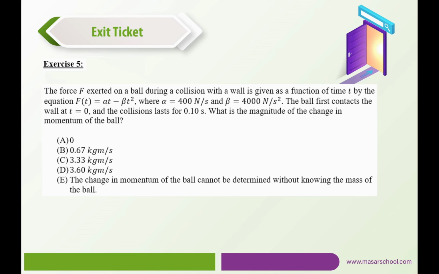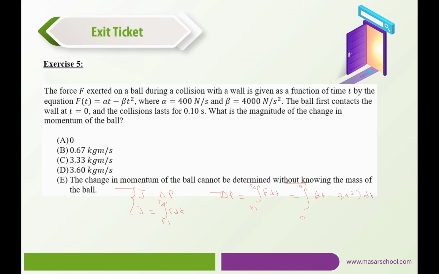Since F is a function of time and we're not asked about the average, we need to utilize the change in momentum as an integral. We know that J is given by delta P, and also J is given by the integral of F dt from t1 to t2, which means the change in momentum is given by the integral from t1 to t2 of F dt. Now the initial instant is 0, the final instant is 0.1, the function is alpha t minus beta t squared, dt.